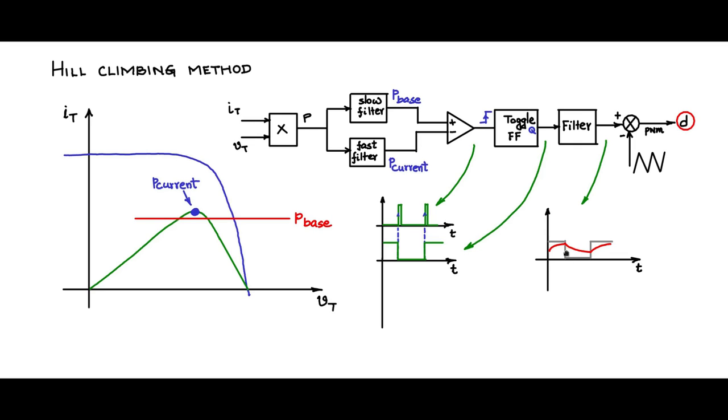If you look at this portion, it is rising up, which means it is given to a triangle and then to the duty cycle. So as it is rising up, the duty cycle is increasing. Duty cycle increasing means that the operating point is moving to the left.